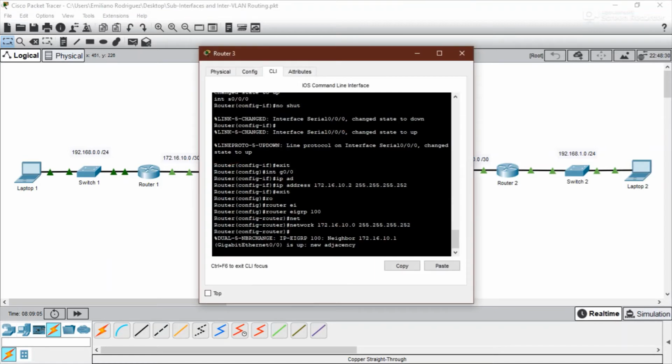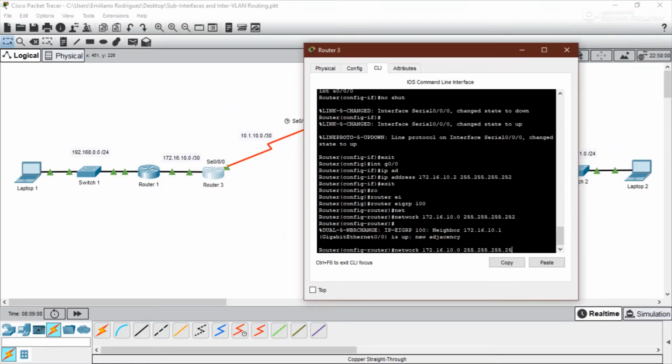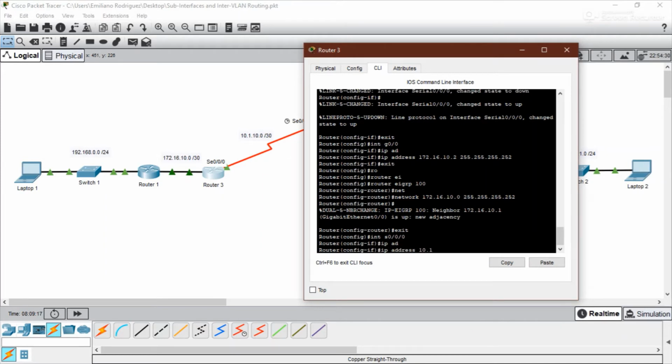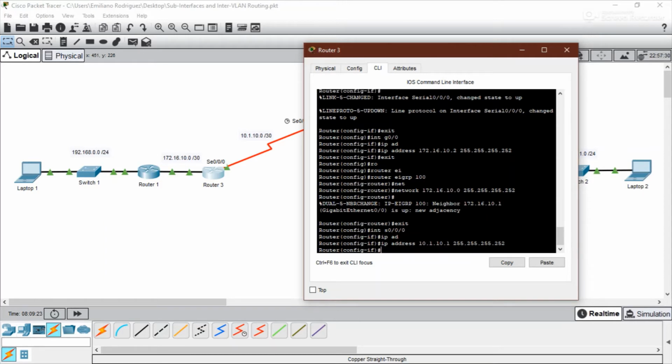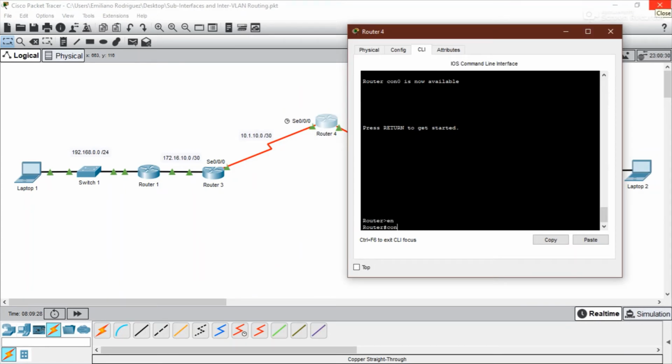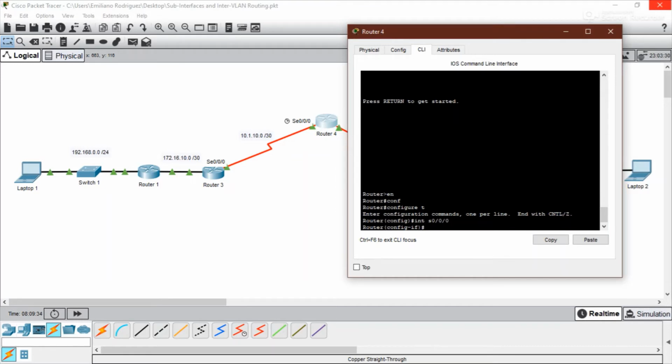Serial 0/0/0, 10.1.10.1/30. IP address 10.1.10.2 for serial 0/0/0 on router 4, /30.